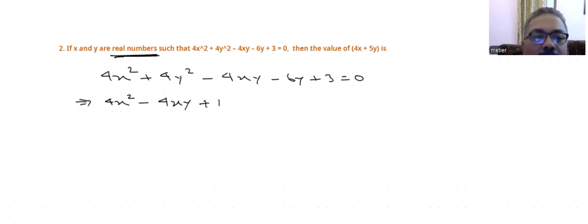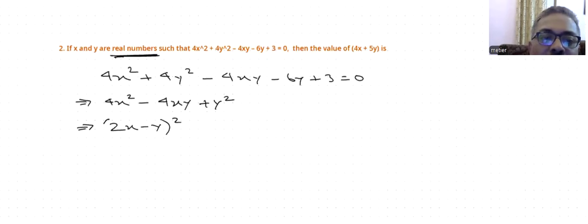Then it will be coming in the form, sorry, I am writing down wrongly. Not 1, because y is there, so it will be y square, 1y square. Sorry. So you can write it down as (2x minus y) whole square.